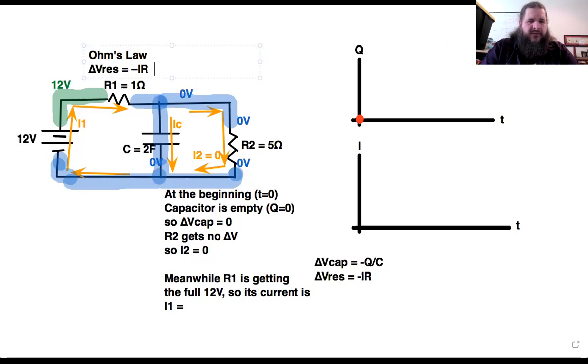And therefore current is going to be delta V over R, well, with the negative. Delta V is negative 12. The negatives cancel out. Resistance is 1, so just 12 over 1 would be 12 amps. So current 1 is going to be 12 amps.